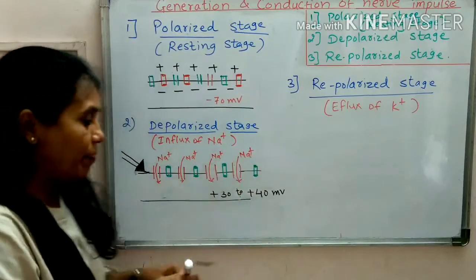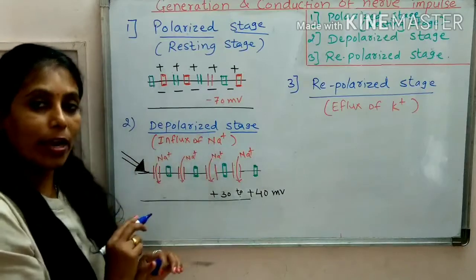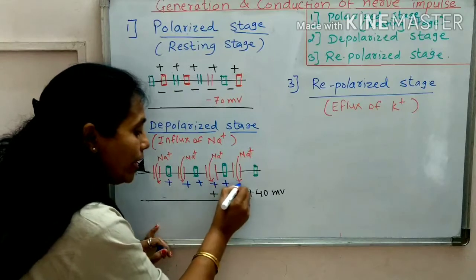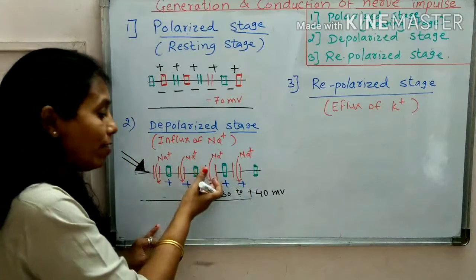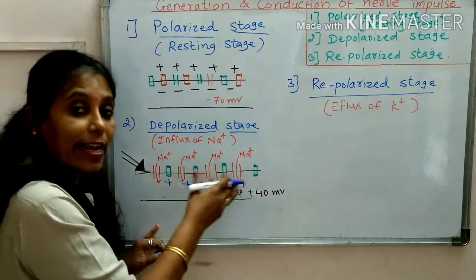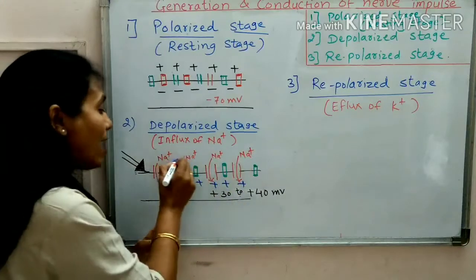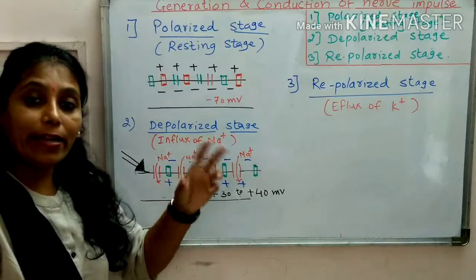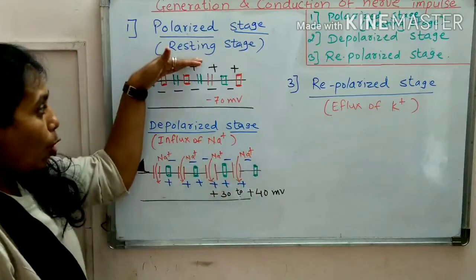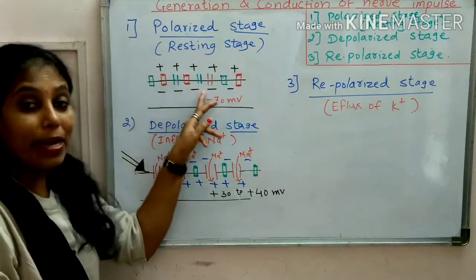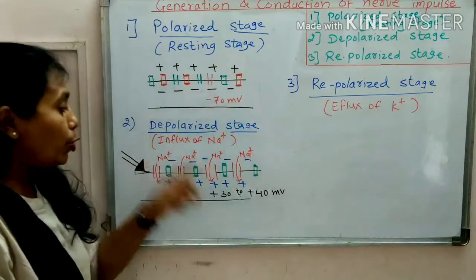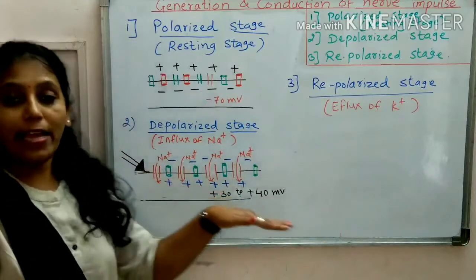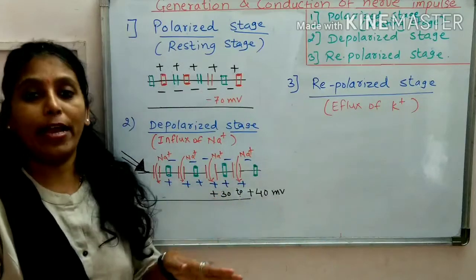So naturally, in the depolarized state, the positivity of the inner side increases, electropositivity increases as compared to outside, and hence the polarity changes from positive to negative and from negative to positive due to influx of sodium ions, and the stage is called the depolarized stage.